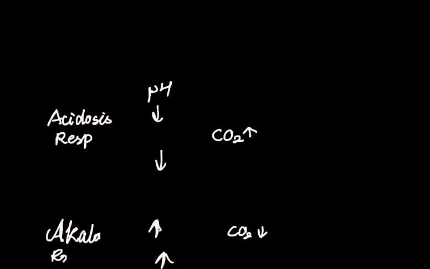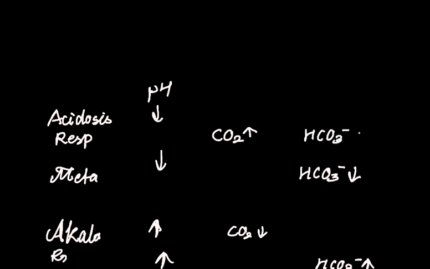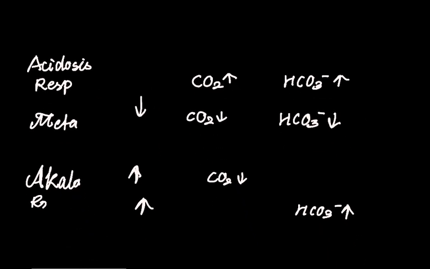If it is metabolic acidosis, then HCO3 minus would decrease, and in metabolic alkalosis HCO3 minus would increase. If it is compensated, in acidosis HCO3 minus would be affected and CO2 would decrease. In alkalosis, it is just the opposite that you would observe: HCO3 minus would decrease if it is compensated, and CO2 would increase if it is compensated. Be careful, it could be normal as well as compensated, and this is very important.